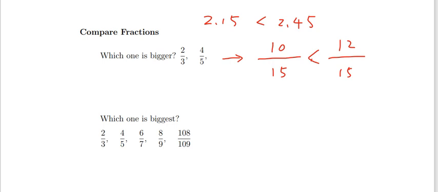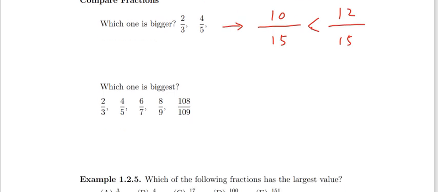But if we have many of these numbers and want to find which one is biggest, we try to find a pattern or a trend. Like the first one is 2 over 3, 4 over 5, 6 over 7, 8 over 9. So what are those numbers?